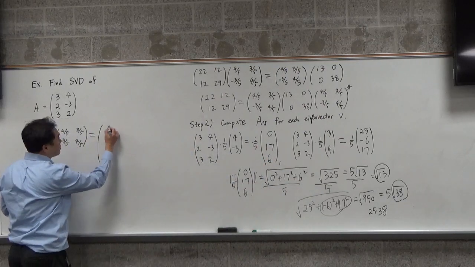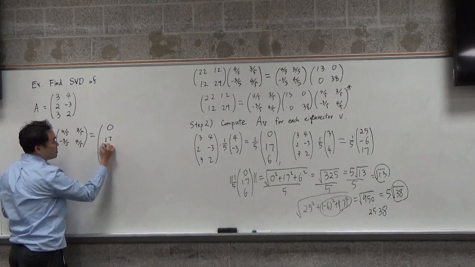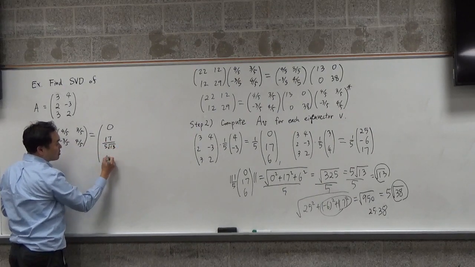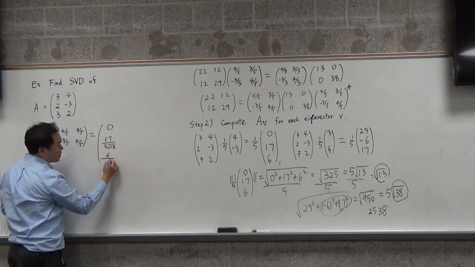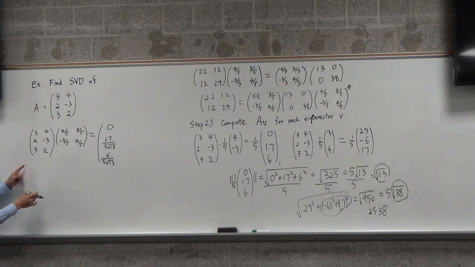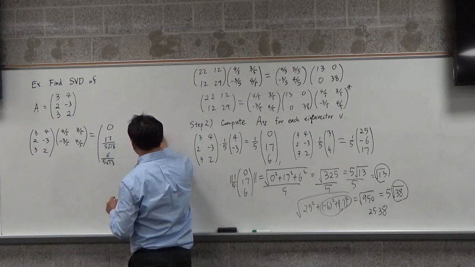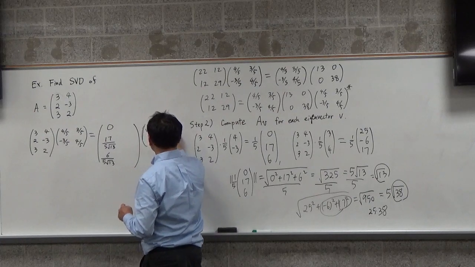So it's really 0, 17 divided by 5 square root of 13, and 6 divided by 5 square root of 13. So this times square root of 13.